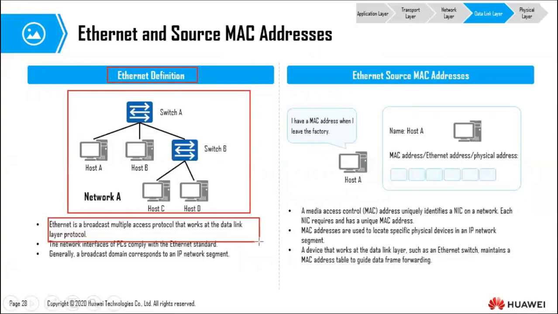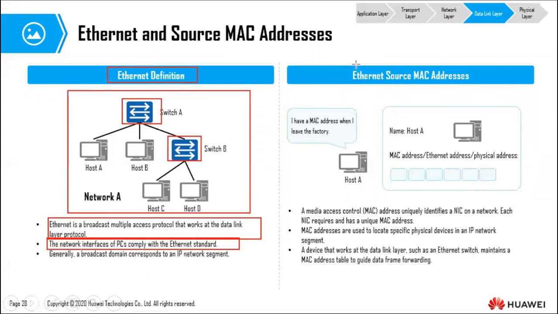Because Ethernet is a broadcast multiple access protocol that works at the data link layer. So if we have interconnected devices just using the layer 2 device, which is the switch, it forms a single broadcast domain, and that particular network uses the Ethernet standard to communicate. So network interfaces of PCs commonly use the Ethernet standard. The network interface cards that we said.